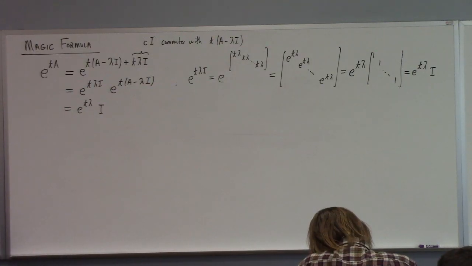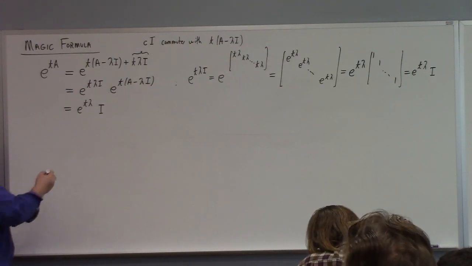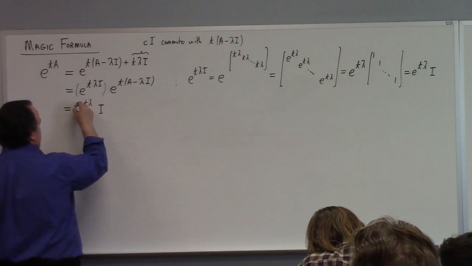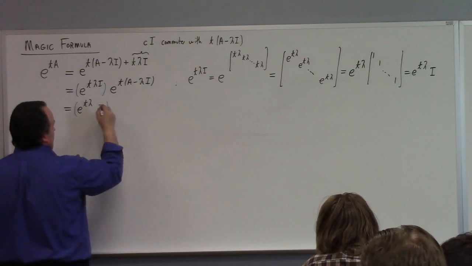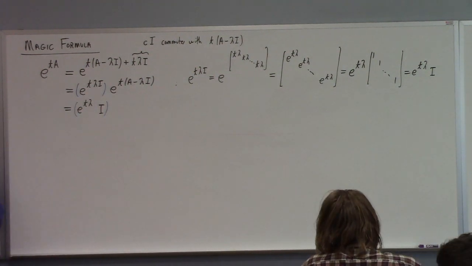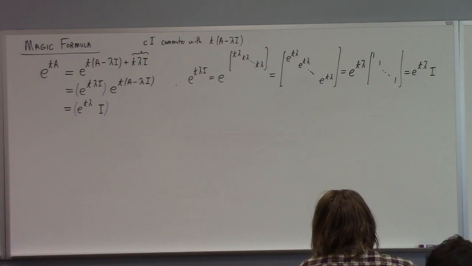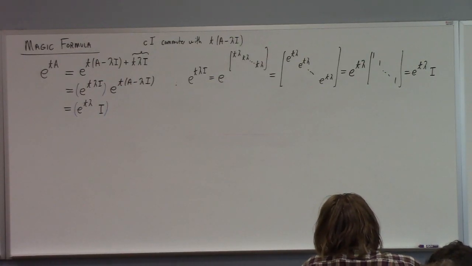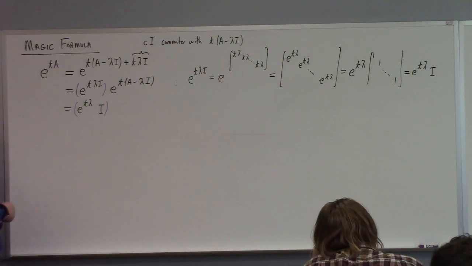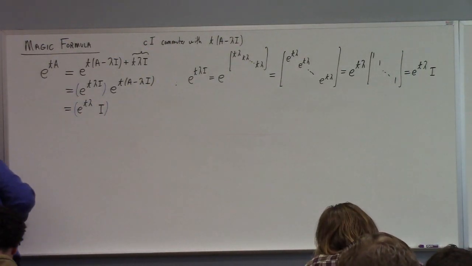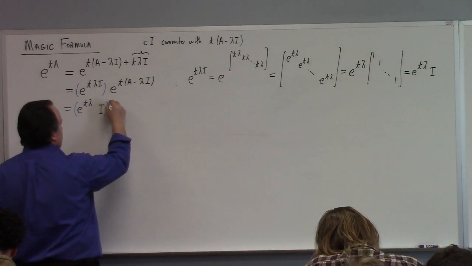I'll put some color in here to make sure I'm not losing you guys. So that's this piece right here, all right? And then how about the other piece? What do we got? This here, that expands as what?